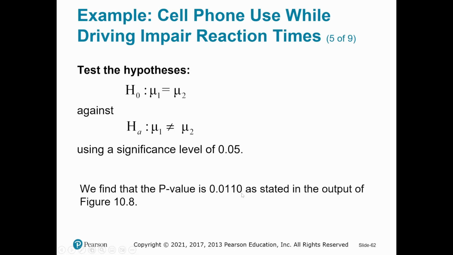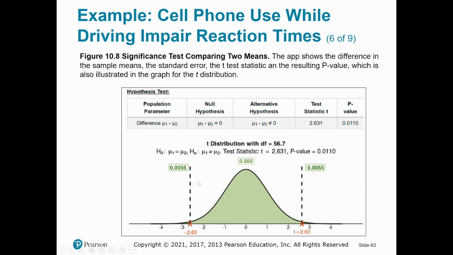So this is repetition. We got the p-value of 1.1%. Oh, now we have a nice little picture. This is really good. If we have the p-value of 1.1%, and it's a two-tailed p-value, we have these two tails over here. We have a tiny bit of probability density here, and the same tiny bit of probability density over here.